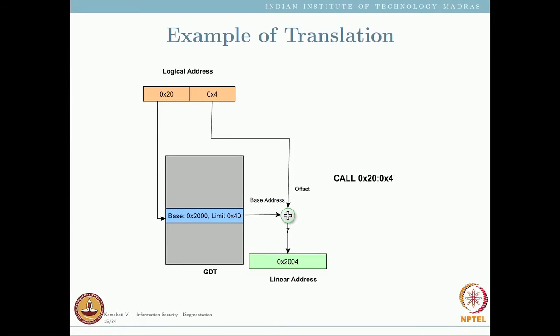So, if your compiled program says ds colon 4 and ds is pointing to 0x20, the 0x20 descriptor will have base 0x2000, and 0x4 is given here. So the linear address would be 0x2004. This is how it works.